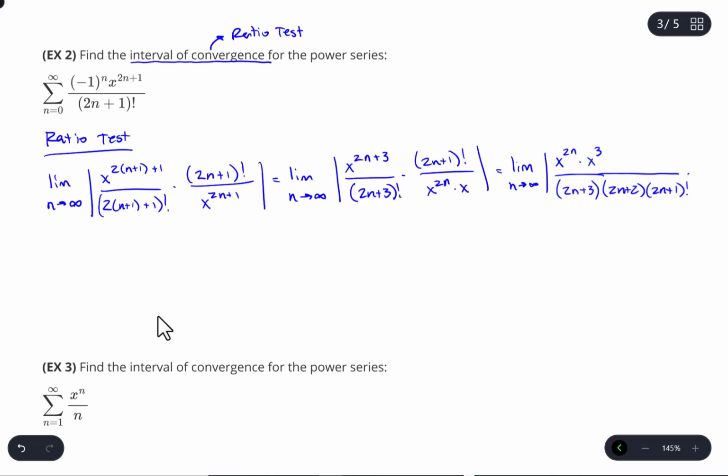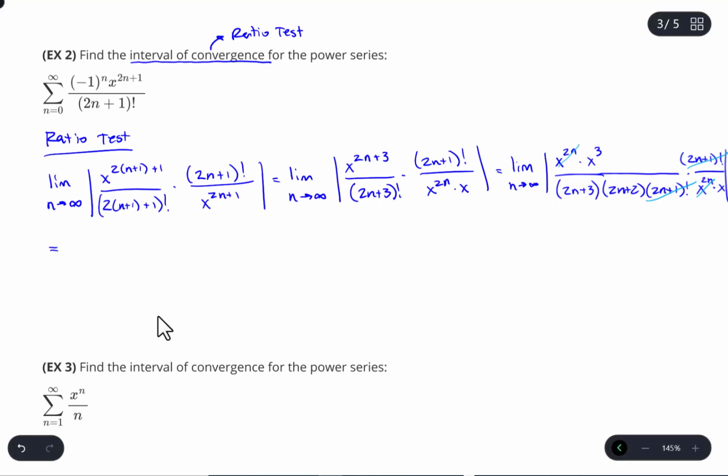And I'm going to run out of space here, aren't I? But anyway, that's still multiplied by 2n plus 1 factorial there in the numerator over x to the 2n times x, which means x to the 2n and x to the 2n will cancel, 2n plus 1 factorial will cancel here and here.